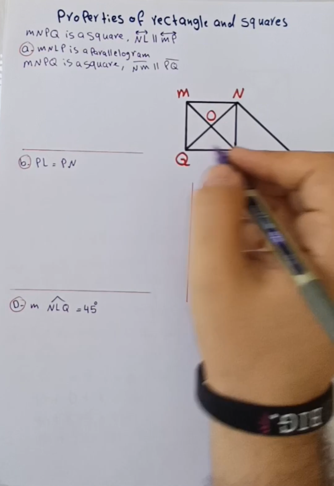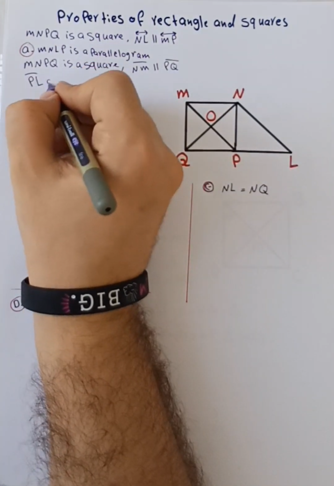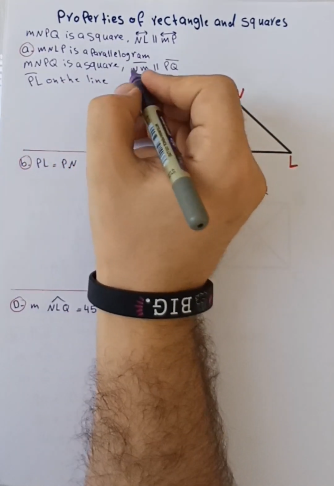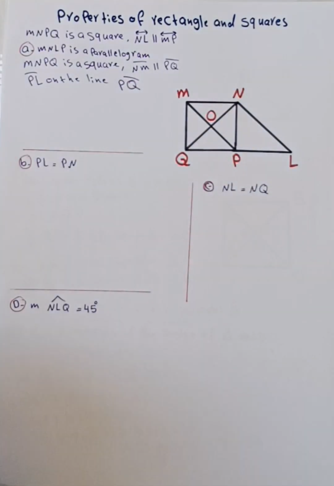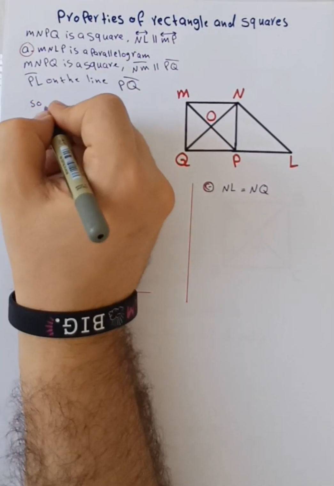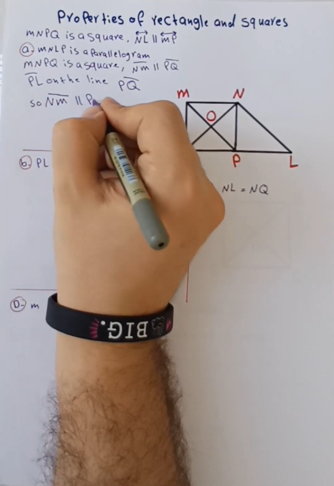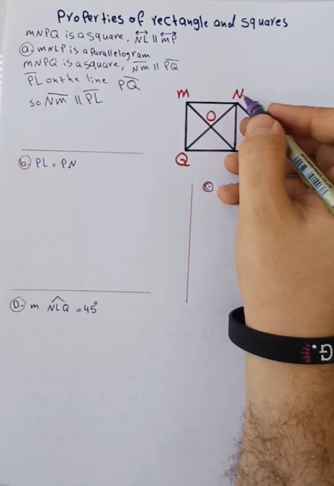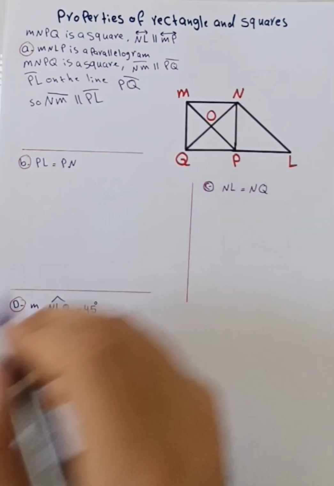PL and PQ are on the same line, so we can say NM is parallel to PL.